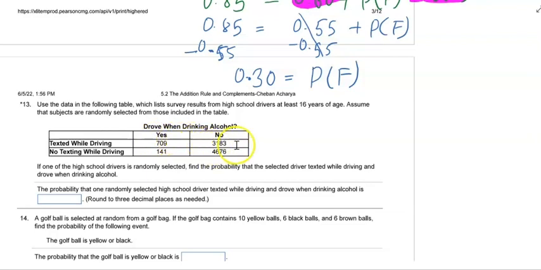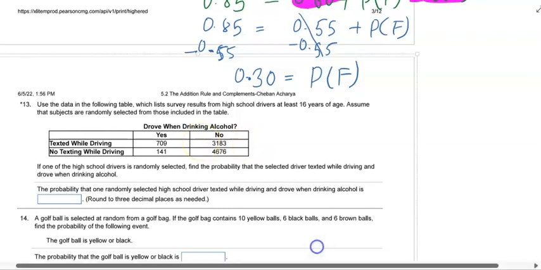Add this row, 709 plus 3183. The total number of people who text while driving is 3892. If you add 141 plus 4676, which are the people who do not text while driving, this is going to be 4817.